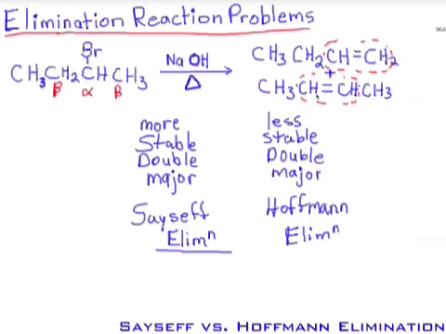Off of the 2-butene, there are two methyls. There are two substituents. More substituents on the double bond mean more stable. And so 2-butene, since we're doing Saytzeff elimination, since the more stable predominates, would be indicated as major. And the 1-butene would be indicated as minor.